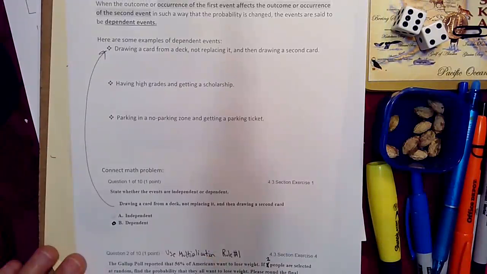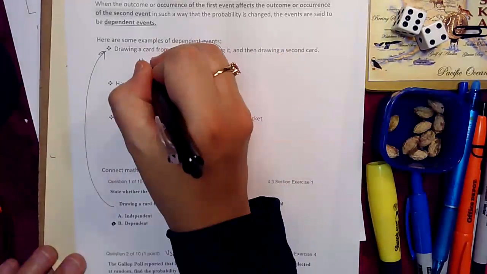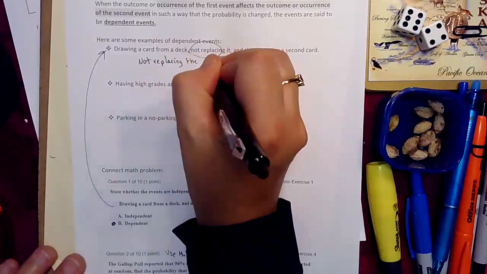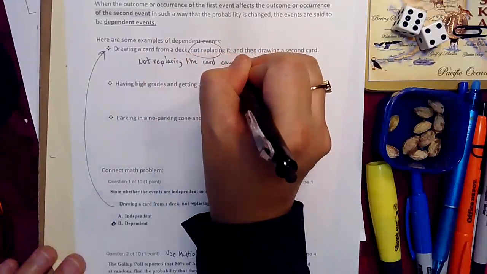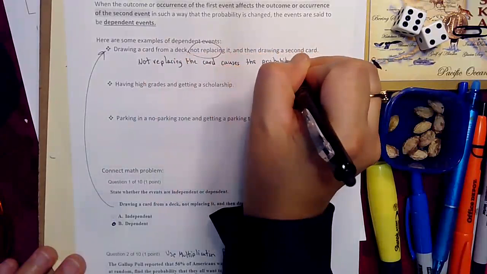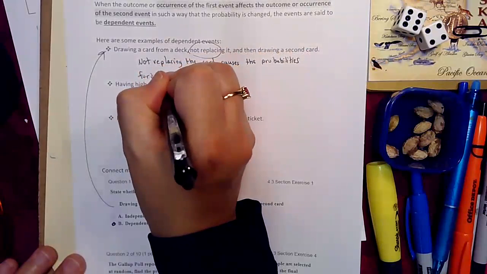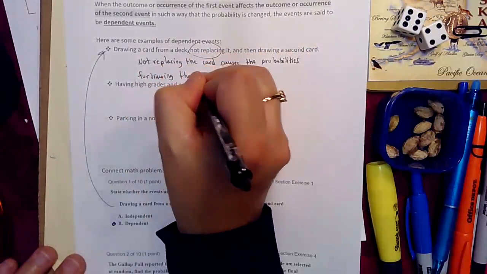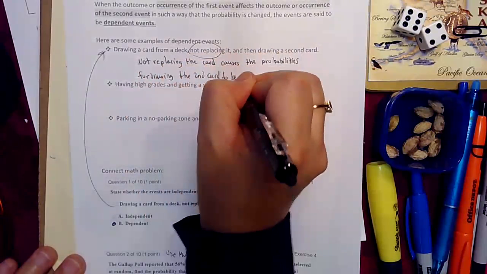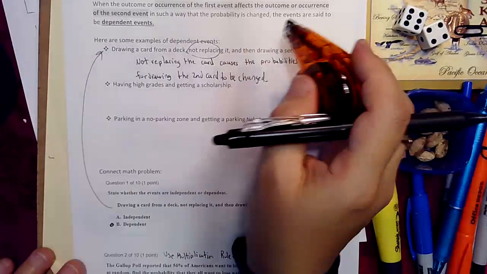So for the first one, I put that not replacing the card causes the probability for drawing the second card to be changed. I can make this singular, probability instead of probabilities.